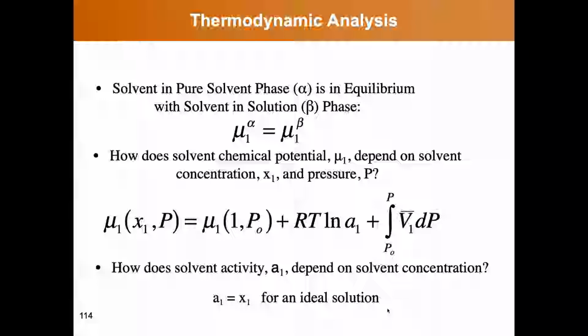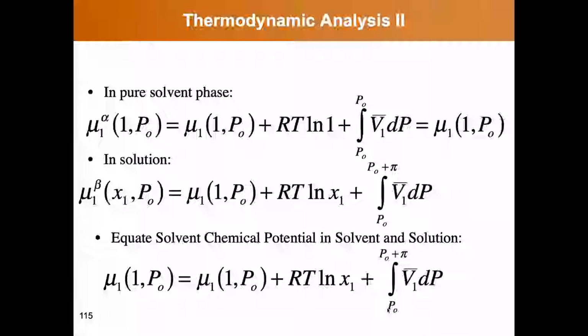It leads directly to this result. And if the solution is non-ideal, then there is an activity coefficient term that has to be added and accounted for. But we'll consider in this case the ideal solution case for now.